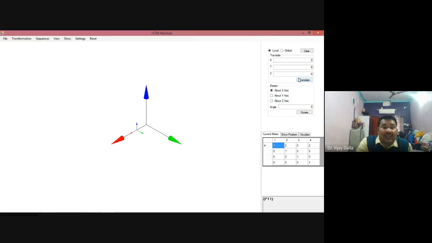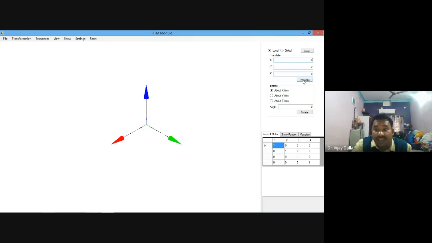The other coordinate system got moved along the x-axis by 2 units. Resetting it. Now visualize along the y direction. It is better to visualize this by putting x equal to 0.